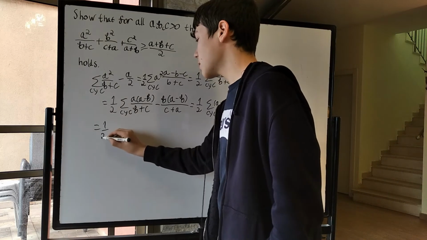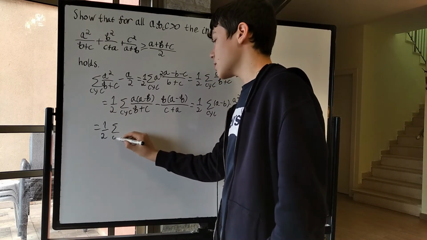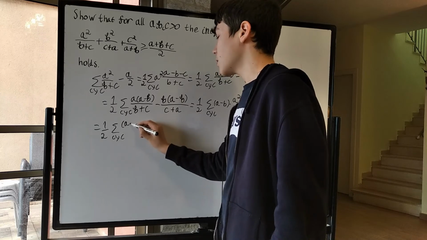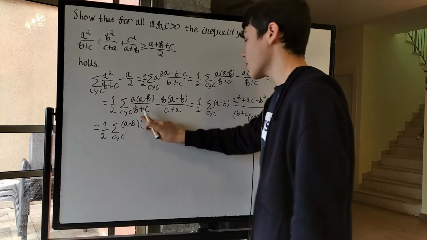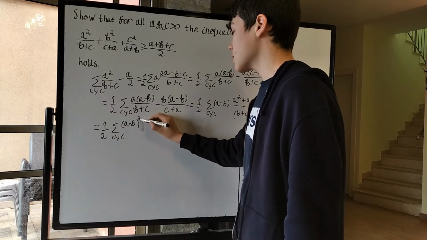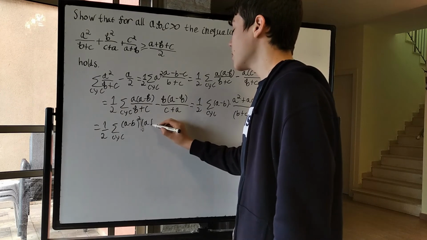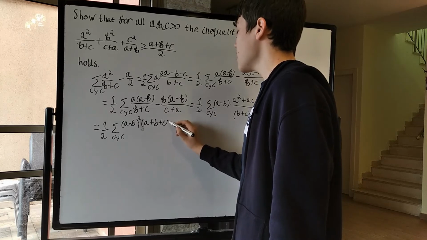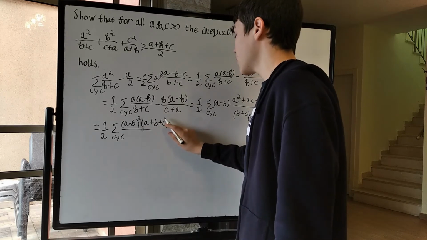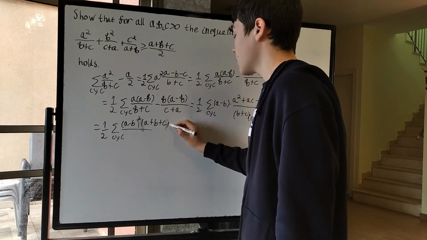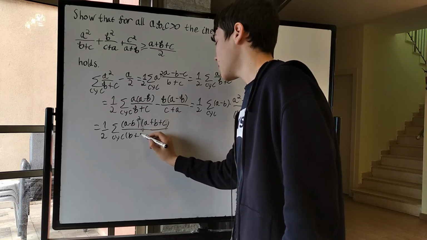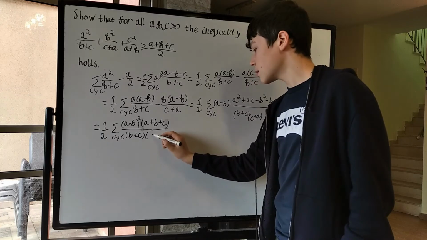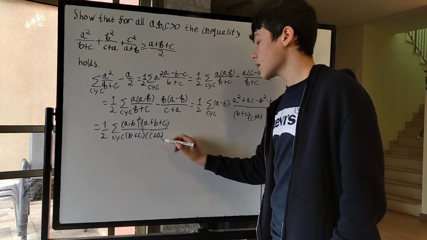So this is half the cyclic sum of (a minus b), which is this, times another (a minus b), so this gets squared, times (a plus b plus c), divided by (b plus c) times (c plus a).